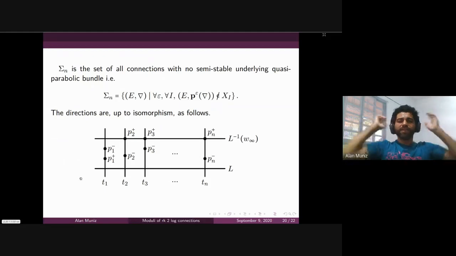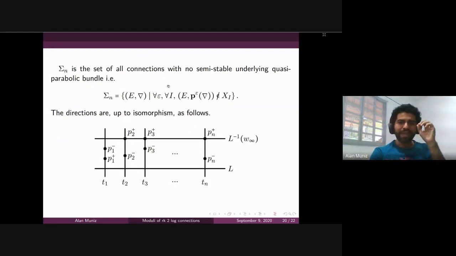With every connection we take here, we take any possible combination of directions, any possible weights that we can have, and these underlying quasi-parabolic bundles are not semi-stable for any choice of directions, any choice of underlying quasi-parabolic bundle, and any choice of weights.